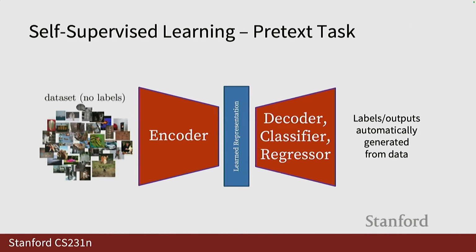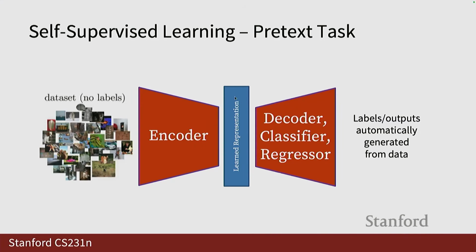So we want to delve into this topic and go a little bit deeper in understanding the different components. In a nutshell, self-supervised learning, as I said, is defining a pretext task on the data set with no labels.